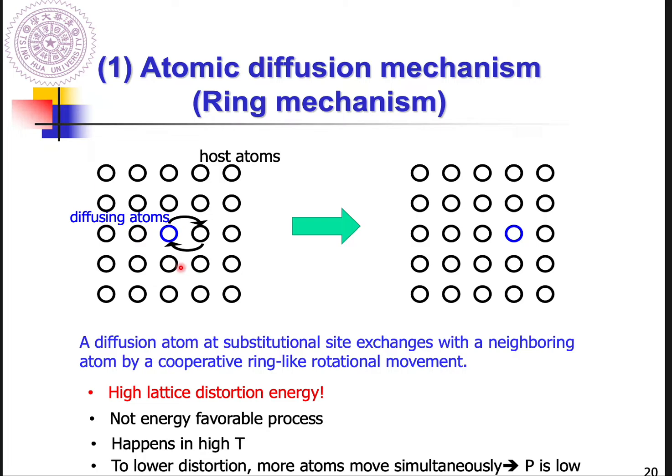If there are like 4 atoms moving together, and so on, that will cause less lattice distortion on surrounding atoms, but the probability of this event is quite low, because at the same time these 4 atoms have to move in these directions. The probability of this event is quite low.